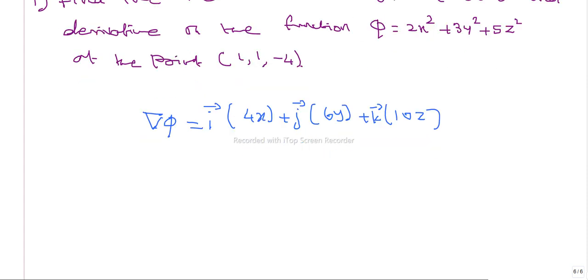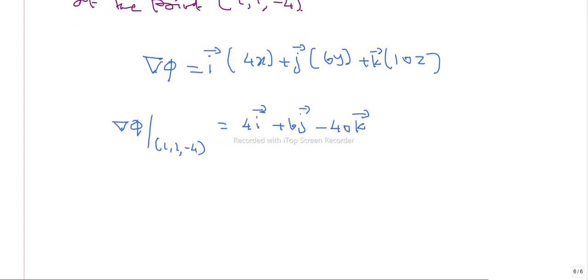Now at the point 1, 1, minus 4, what is the value? So del pi at the point 1 comma 1 comma minus 4. So substitute 1, we have 4i. Here also 6j, but minus 4 gives minus 40 k vector.